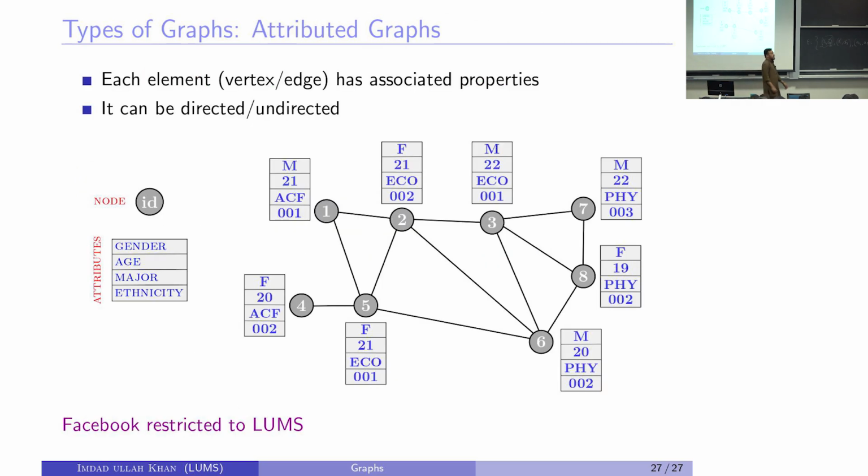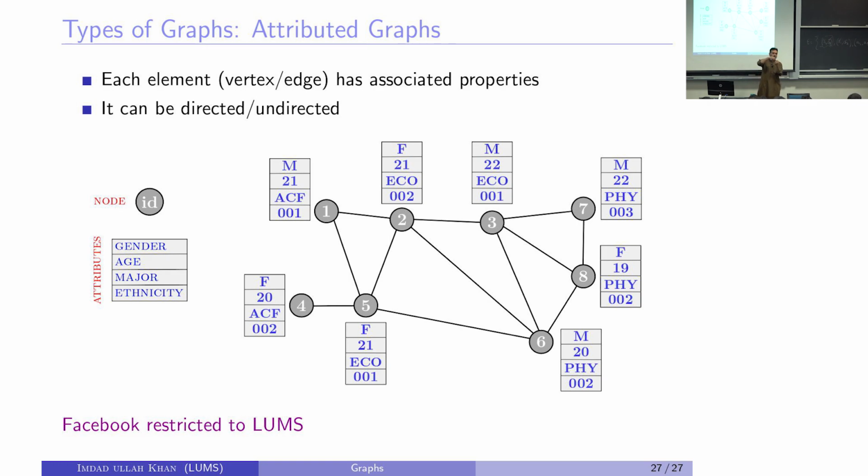Sometimes we work with vertex weighted graphs, or vertex labeled graphs, sometimes called attributed graphs. Look at this. If you look at Facebook and restrict it down to LUMS, every user will be a LUMS student. You ask Facebook, give me the data of every LUMS student, and you'll get their profiles and their friendships.